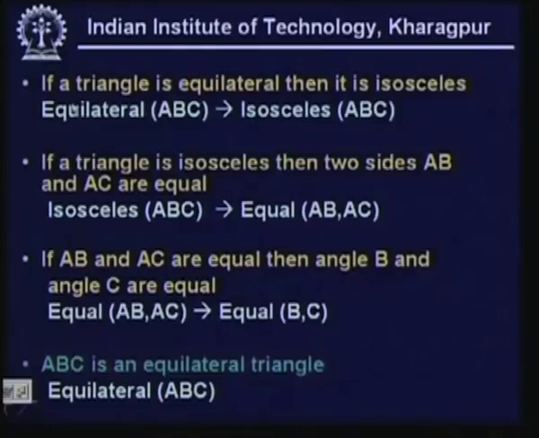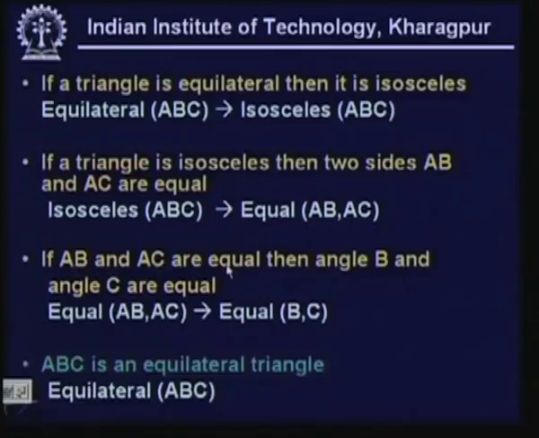The first thing that we will be doing is convert each of these English-like sentences into the propositional form. If a triangle is equilateral, then it is isosceles: I can write that as equilateral ABC implies isosceles ABC. If a triangle is isosceles, then two sides AB and AC are equal: isosceles ABC implies equal AB and AC.